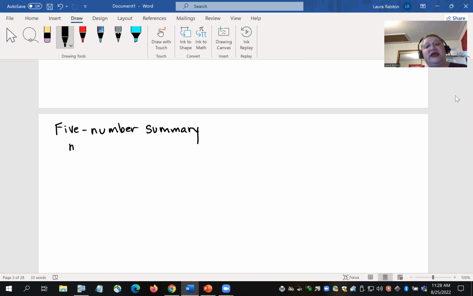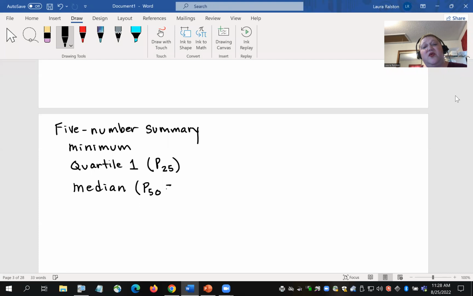The 5-number summary is the minimum value of the data set, quartile 1, which remember is the same thing as percentile 25, the median, which is percentile 50 or quartile 2, quartile 3, which is percentile 75, and the maximum.